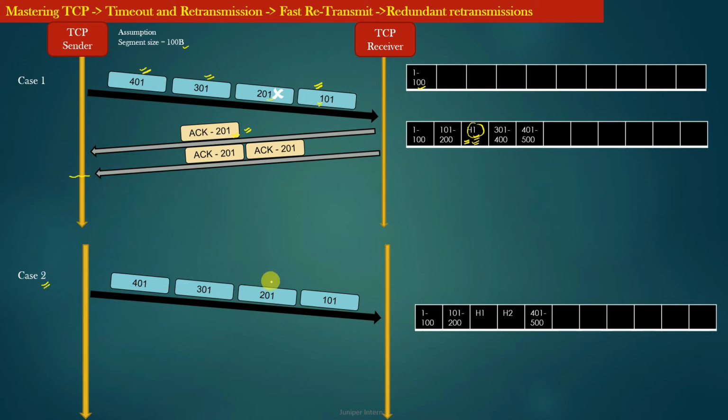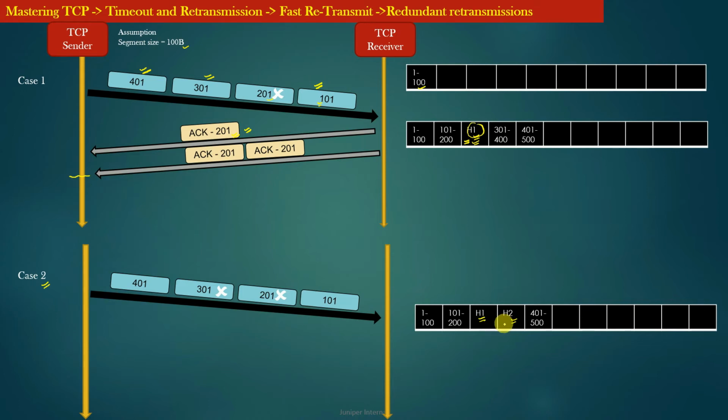Now let us come to case 2. Here we assume that the segments with sequence numbers 201 and 301 have been lost in the network. As a result, it will create 2 holes in the receiving buffer of the TCP receiver. Bytes with sequence numbers from 201 up to 400 are missing.